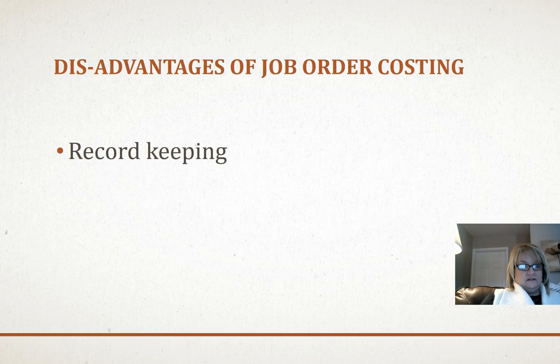One of the disadvantages of job order costing is the record keeping. Employees are required to track all materials and labor used during these jobs, and you have to keep track of every single piece of material that is used.